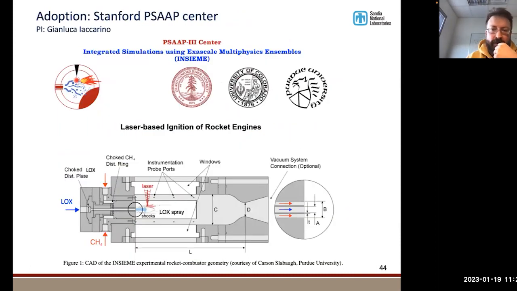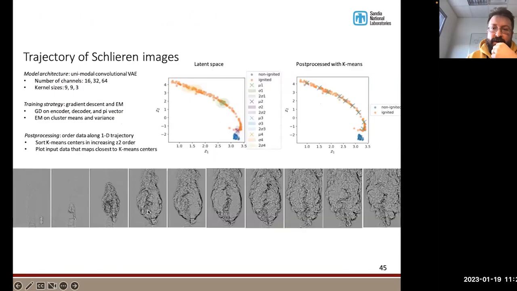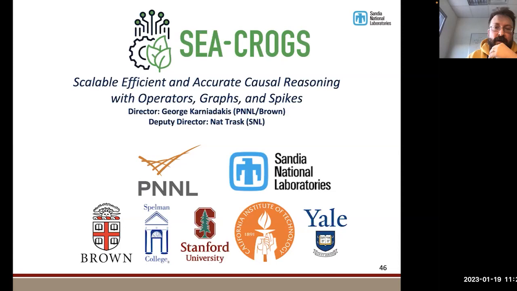They have a project where they're using it for laser ignition of rocket engines, trying to figure out why their rocket either ignites or doesn't ignite. So across all of these black box data-driven models, it's very hard to get physics in, right? But now that you have this cheap surrogate that you can hook in, it's a way to bake some physics in there. So maybe I'll leave it at that.